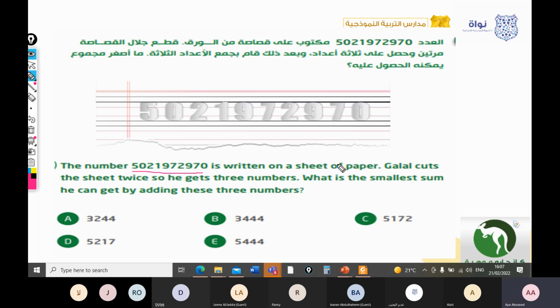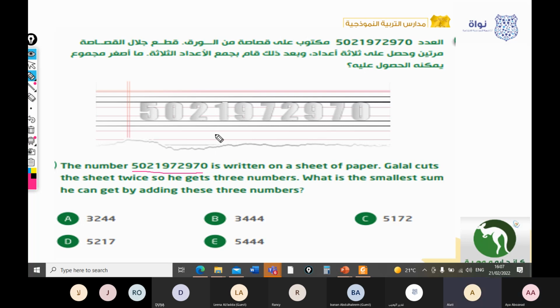So now, Ati, can you solve with me? What's your opinion? I think A. No. So let's solve together. Which part do you cut? You try to cut between which 2 numbers?